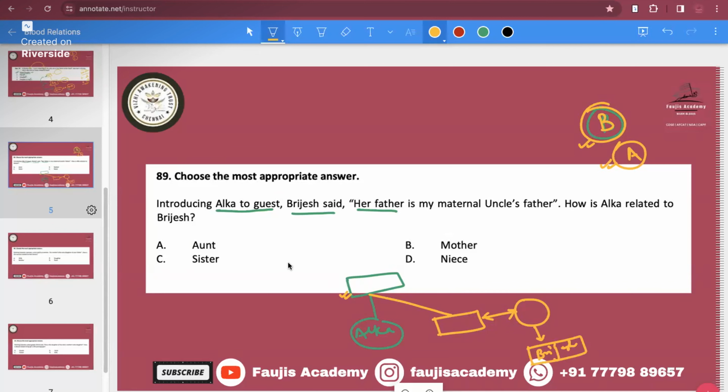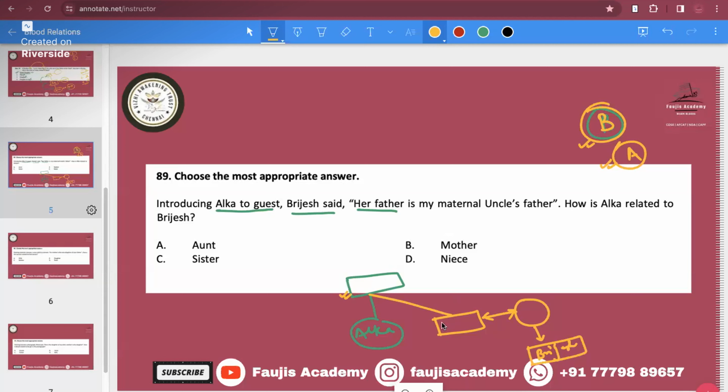Introducing Alka to a guest, Brijesh said, her father is my maternal uncle's father. How is Alka related to Brijesh?